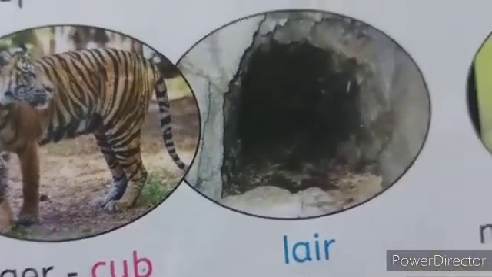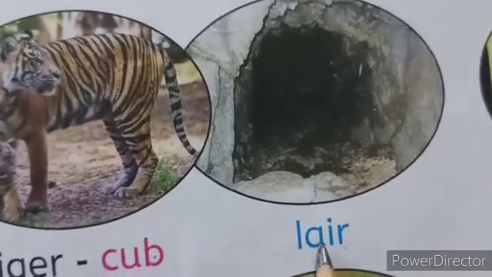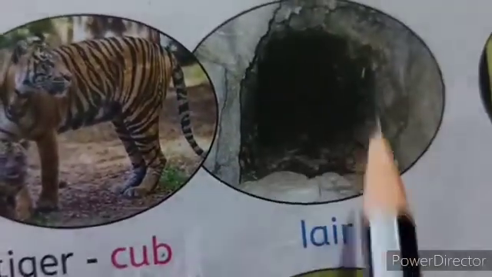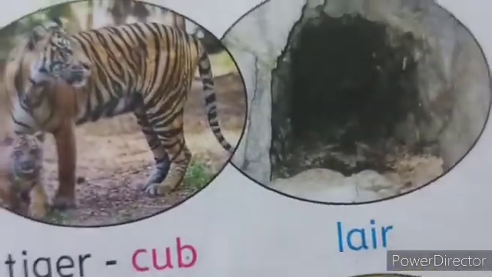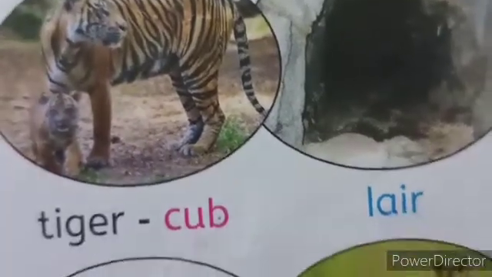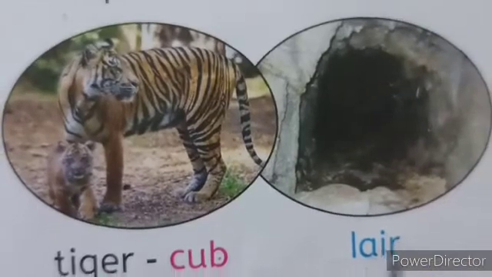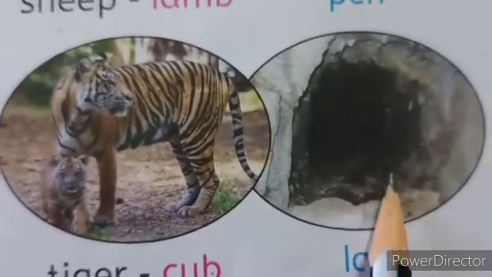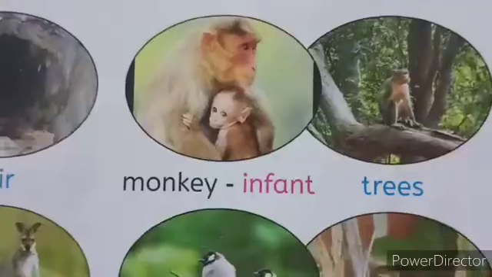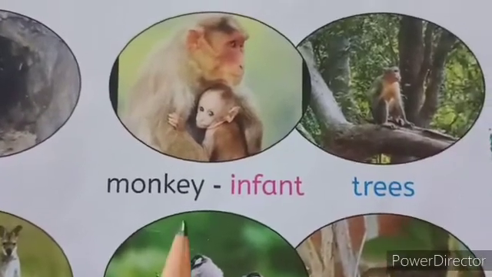Where do they live, children? They live in a lair. Say with me: tiger and cub, they live in a lair. Understand?